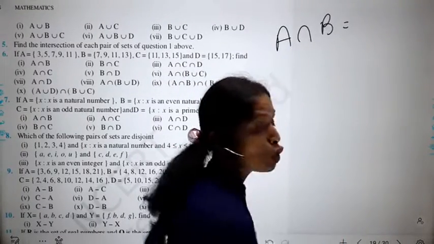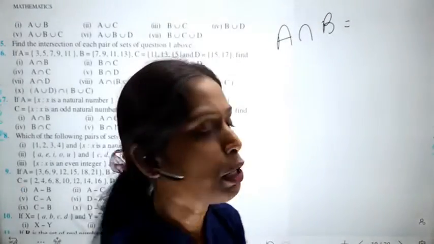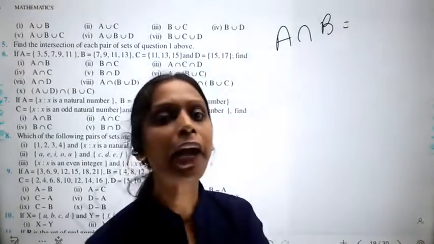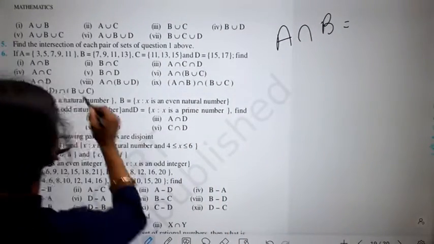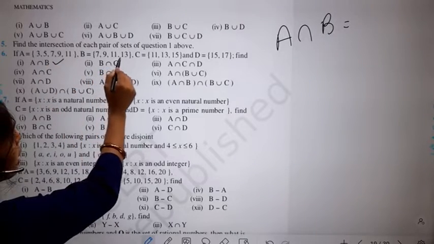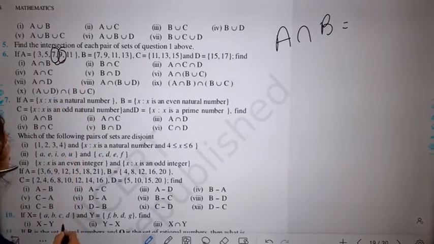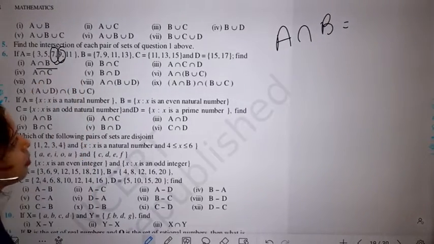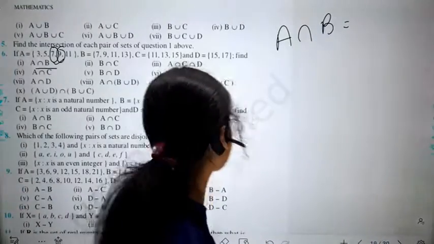Intersection is the collection of all those x such that x belongs to A and x belongs to B, meaning what is common between A and B. Then A is 3, 5, 7, 9 and B is 7, 9, 11, 13. Then 7 and 9 is the intersection of A and B. Like this, you do it at home.